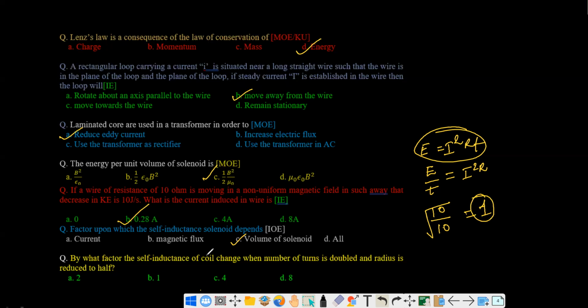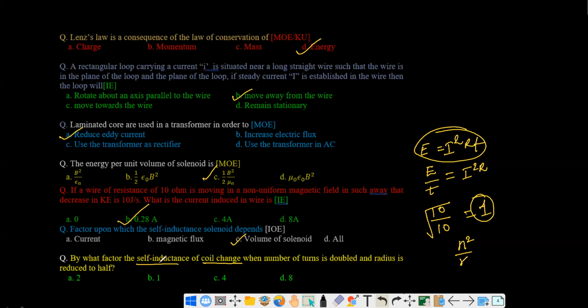Okay, so यो पनि straight question. By what factor does the self inductance of the coil change when the number of turns is doubled and the radius is reduced to half? Coil मा number of turns square हुन्छ, radius denominator मा हुन्छ है. n square by r जस्तो हुन्छ यसको रिलेसन.